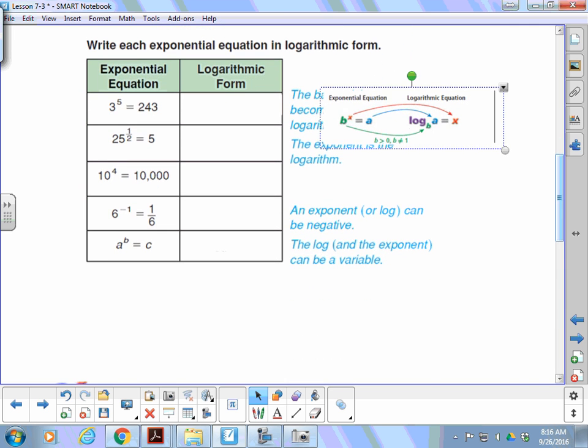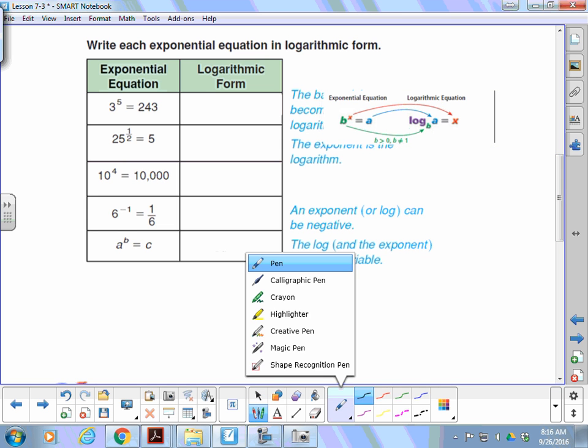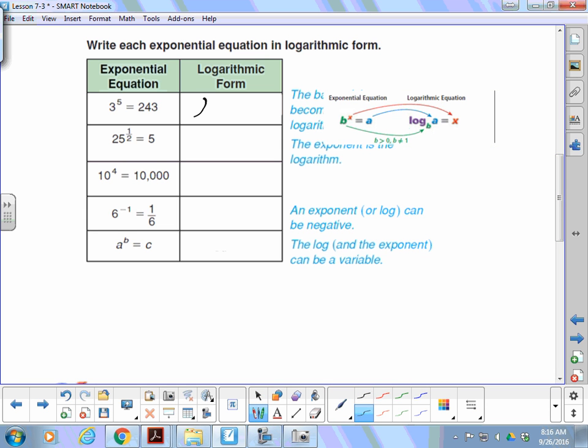All right, so here we have 5 exponential equations, and we're going to convert them to logarithmic form. All right? So first thing we'll do is we write down the logarithm, log. The base for this exponential equation is the base here, so that's a subscript.